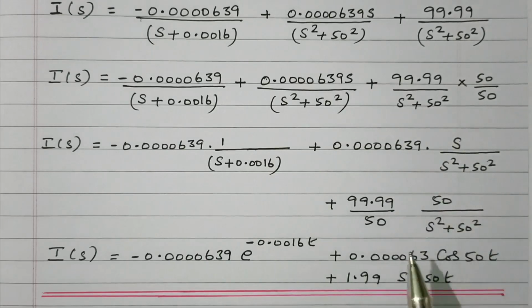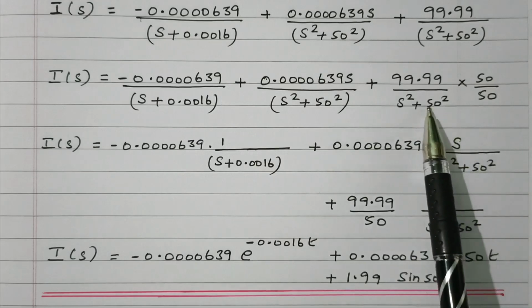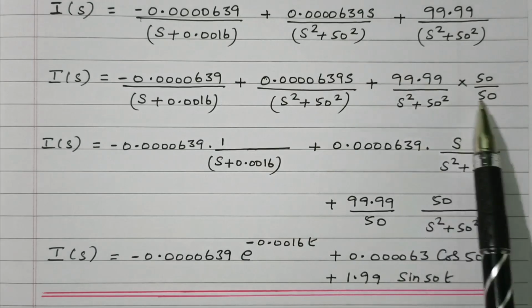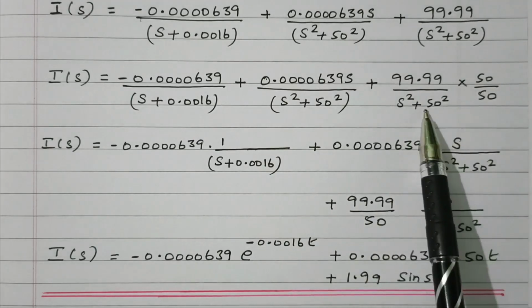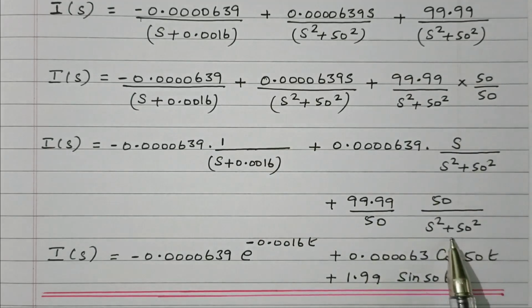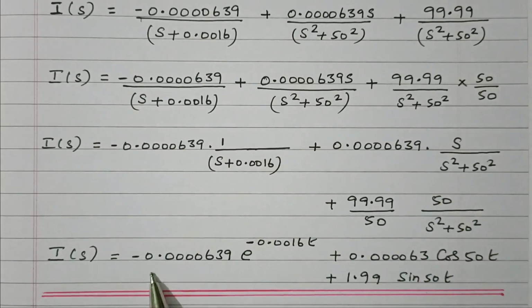Omega is here 50. Right. See here now it is written 99.99 divided by 50 is written separately. 50 divided by S square plus 50 square is written separately. Rearranged. Why it is written like that? Omega divided by S square plus omega square. That is another standard form. Right. Now this is constant written as it is.